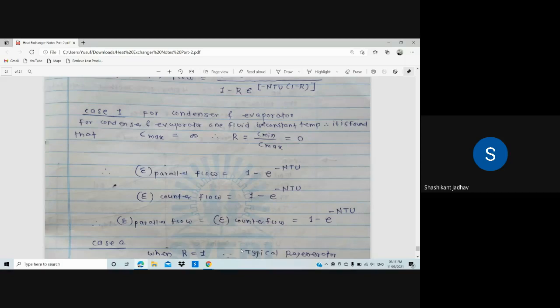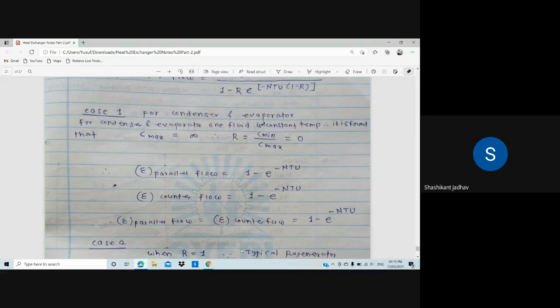As we know, the effectiveness for the parallel flow exchanger, the equation we have written at the top, is 1 minus e raised to minus NTU into bracket 1 plus R, divided by 1 plus R. So now in that equation we have to put the value R is equal to 0.